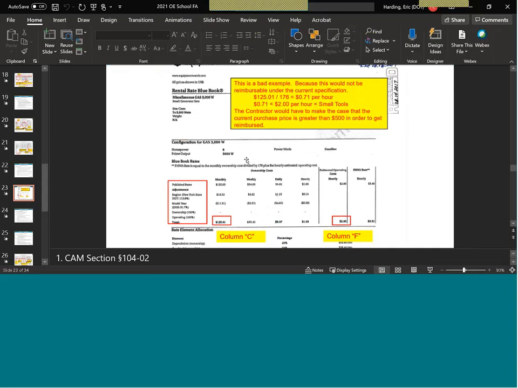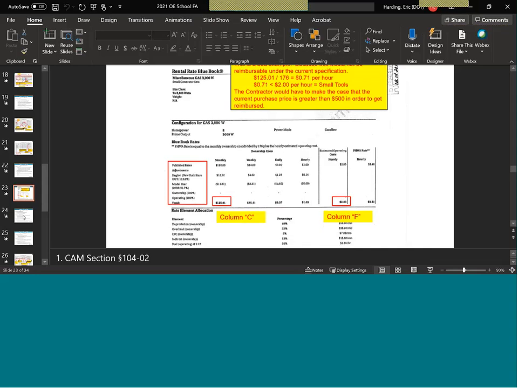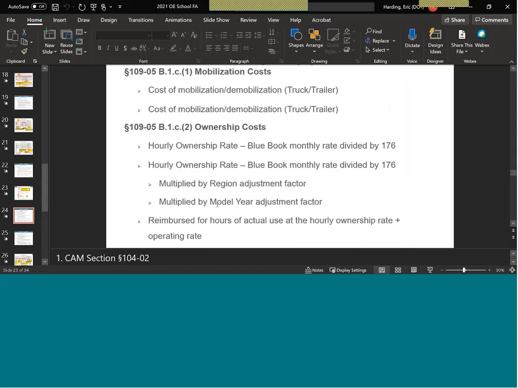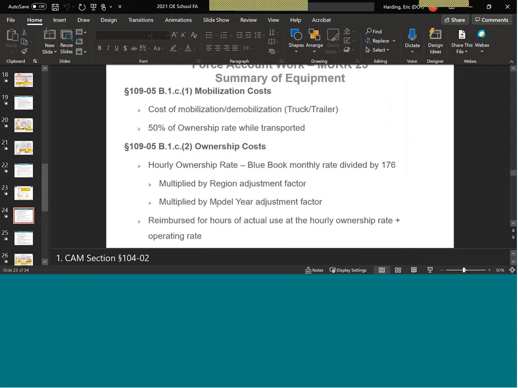I wanted to show you that first just because it makes understanding this next slide a little easier. The cost of mobilization and demobilization, truck and trailer, is similar to materials, except you normally wouldn't have a delivery cost on a piece of equipment. This is generally going to be teamster, tractor, lowboy, bringing in the excavator, the roller, or whatever.